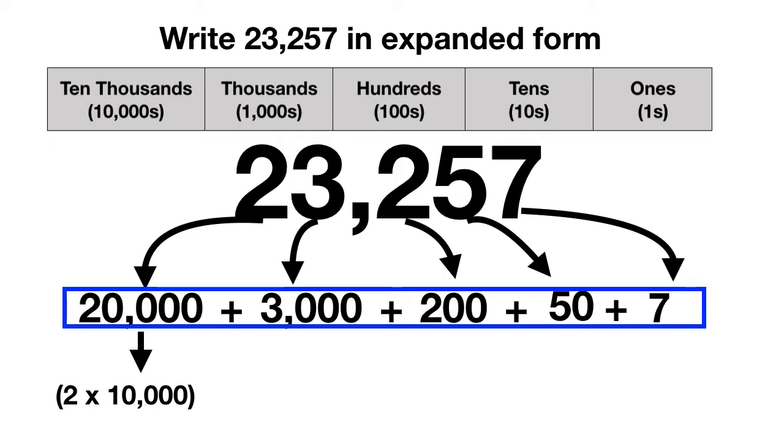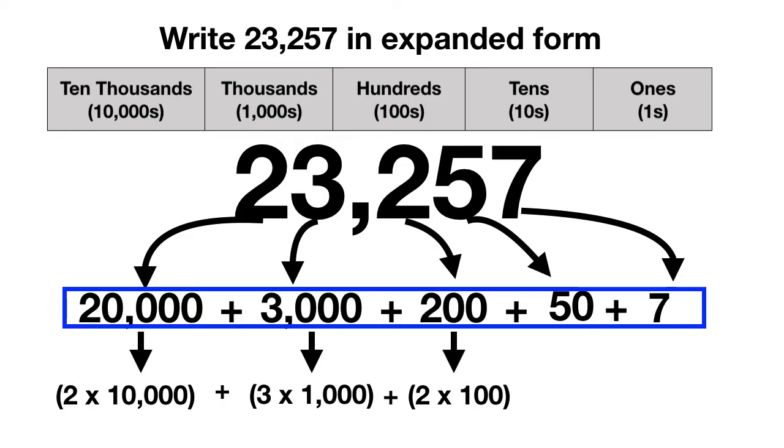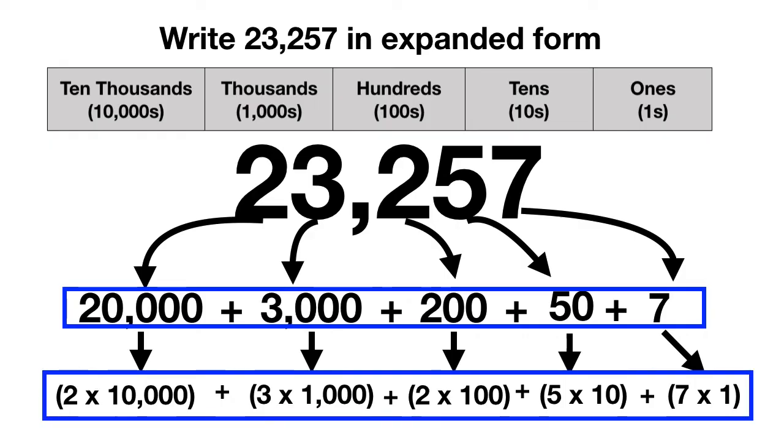We could do that same process for each place value. 3,000 is really 3 groups of thousands. 200 is really 2 groups of hundreds. 50 is really 5 groups of tens. And 7 is simply 7 groups of ones. This is the other way that you could write an expanded form. We use multiplication to show groups of as we break each digit into its individual place value.